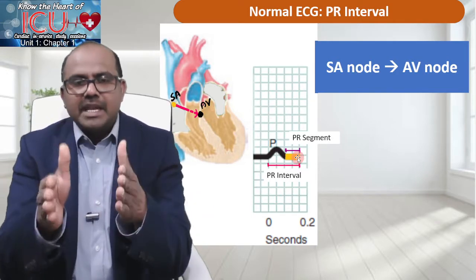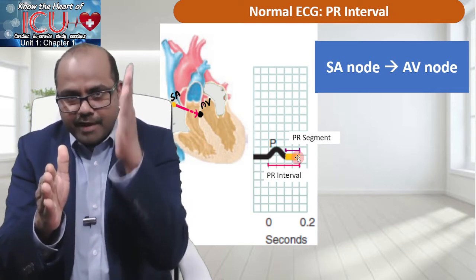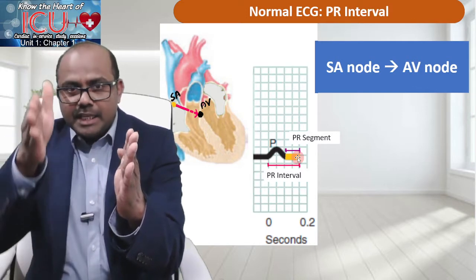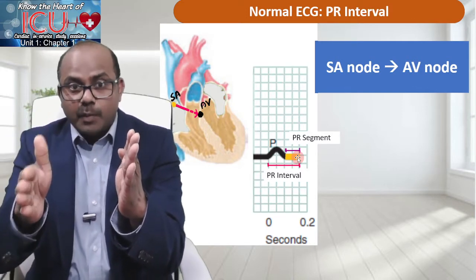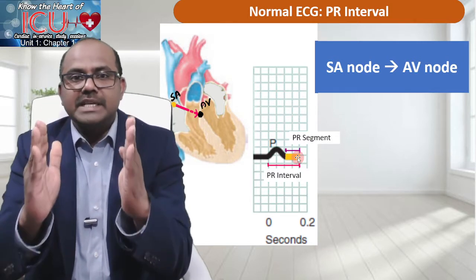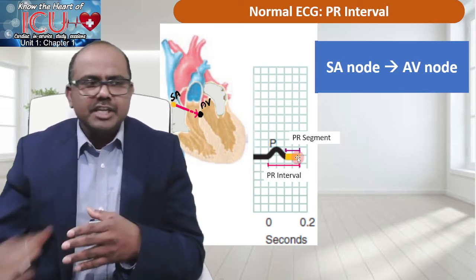So the PR interval is the interval from the beginning of the P wave, where the SA node fires, to the beginning of the QRS complex, where the impulse reaches the AV node. That time period is called the PR interval.